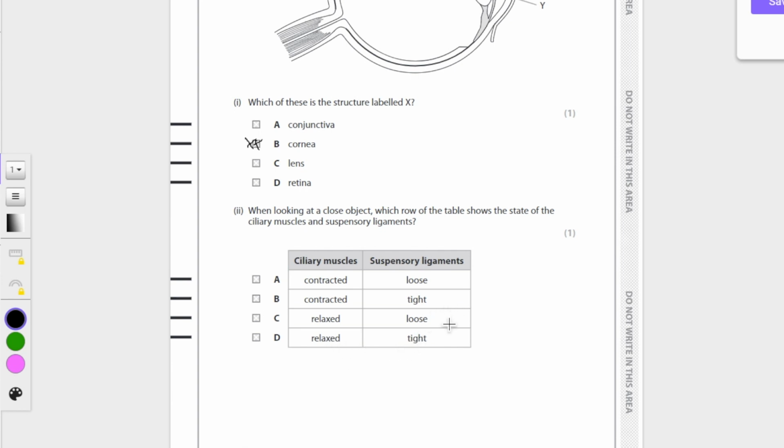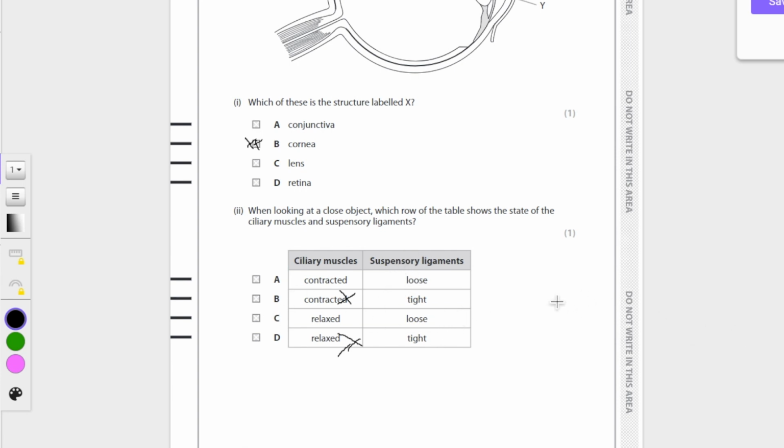When it gives you an MCQ about these suspensory ligaments or muscles, you can immediately cancel out some of them because you know it can't be B or D. Why? Because tight is not the terminology we use. We call it contracted or loose. That's just what we say. So we know it's going to be A or C by process of deduction.